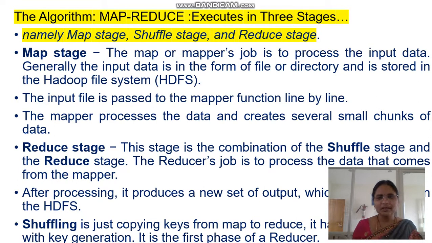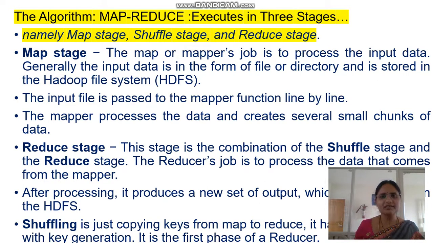But internally, when we execute the MapReduce programming model, it involves one more stage. So MapReduce is executed throughout the HDFS in three stages. The first one is map, the second one is the shuffle stage, and the third one is the reduce stage.